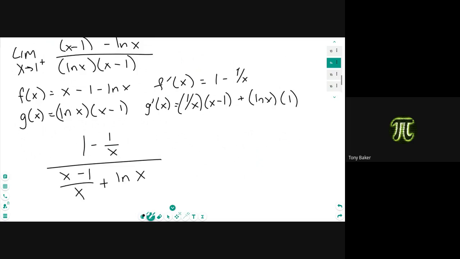What you can do in a situation like this is just multiply every single part by x. Multiply by your denominator. Then x over x is just 1. That's just x minus 1, and that's plus x ln of x. So that's one way to clean it up after the fact.